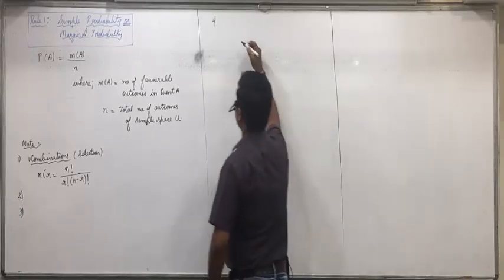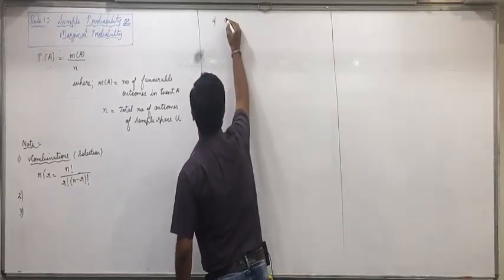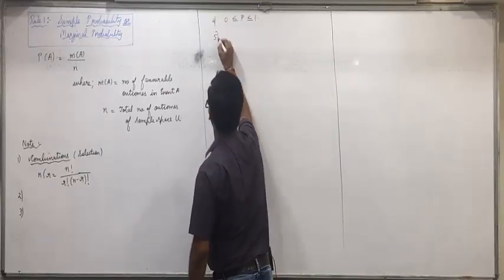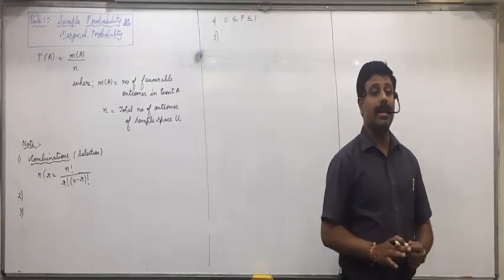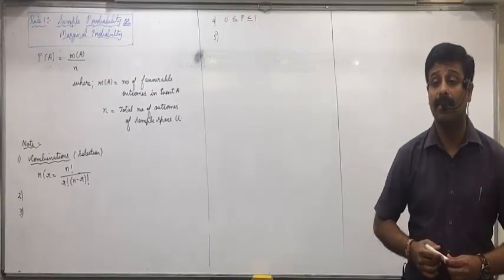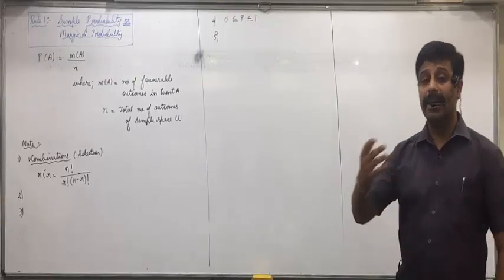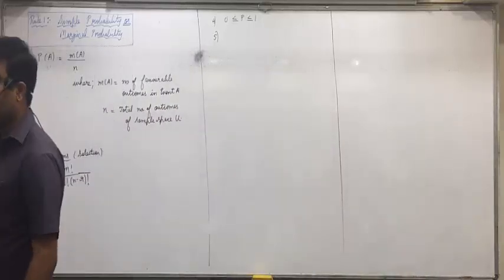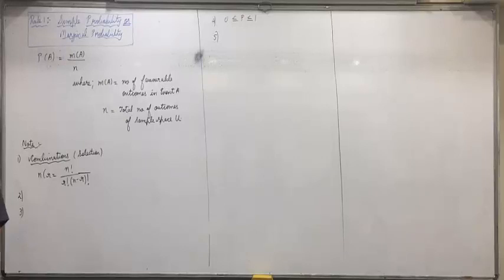Okay? See here. Probability will always be between 0 and 1. Any probability answer will always be between 0 and 1. It can never be negative. You can never say that the chances of rain during Navratri are minus 50%. Never possible.